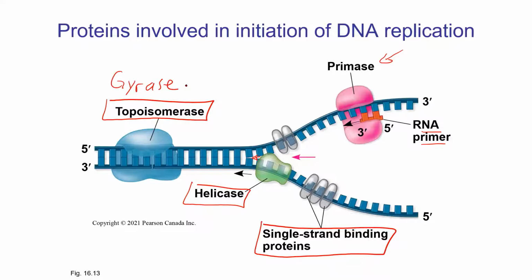This is actually upstream, and it's like an untangling enzyme. If you think about it, some of the ladies out there have had their hair braided. To unbraid your hair, you have to carefully take it apart. If you just try to yank at it, it's going to tangle up. It's the same idea. If you take a piece of string and try pulling apart the strands, you'll see it knots up.